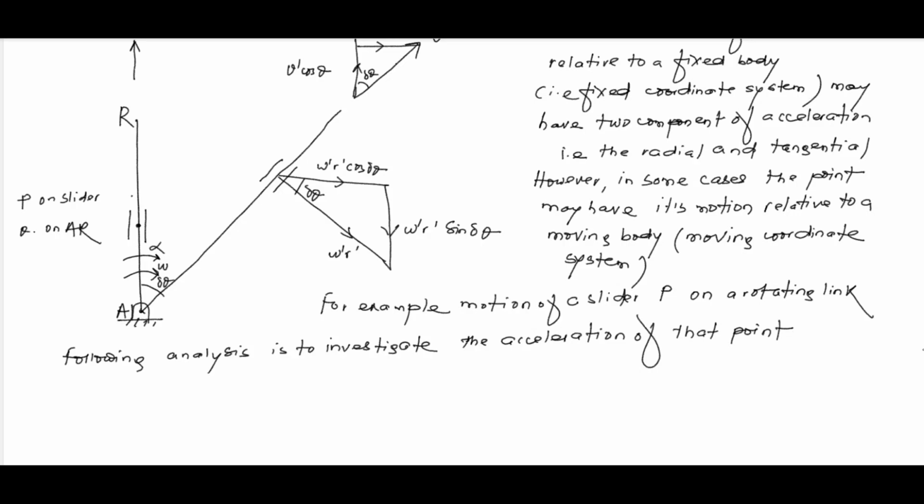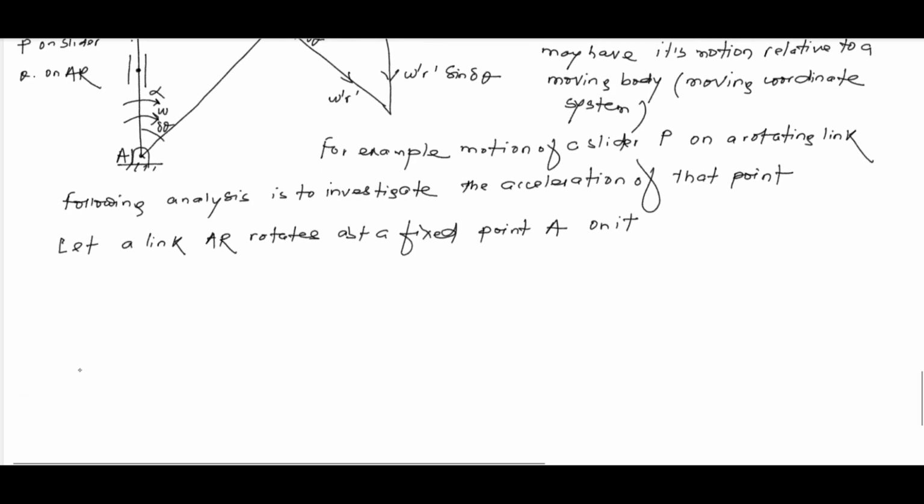Now let a link AR rotate about a fixed point A. Let P be a point on the slider, on the link.